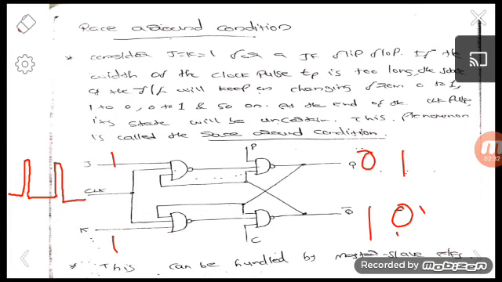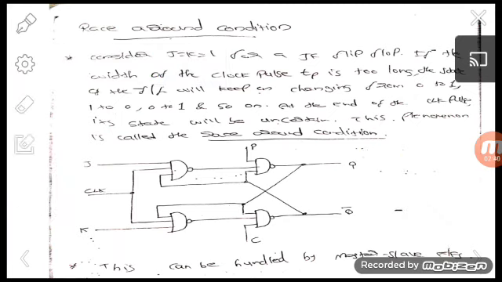And here the race around condition is that we are assuming the width of the clock pulse is too long. Also we know that for all the logical gates, there is a certain propagation delay. That is, if you are giving an input to a gate, there is some delay for getting the output.